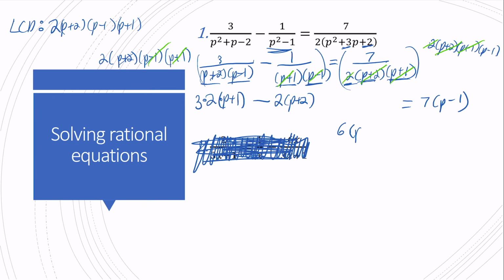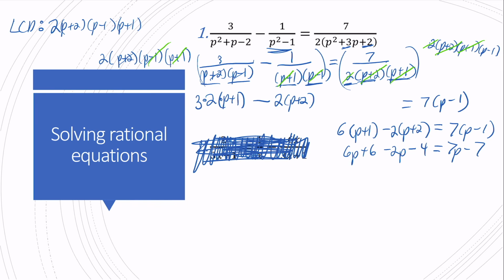So I have 6 times p plus 1 minus 2 times p plus 2 equals 7 times p minus 1. So I have 6p plus 6 minus 2p minus 4 equals 7p minus 7. And I can combine like terms, so I have 4p plus 2 is 7p minus 7.